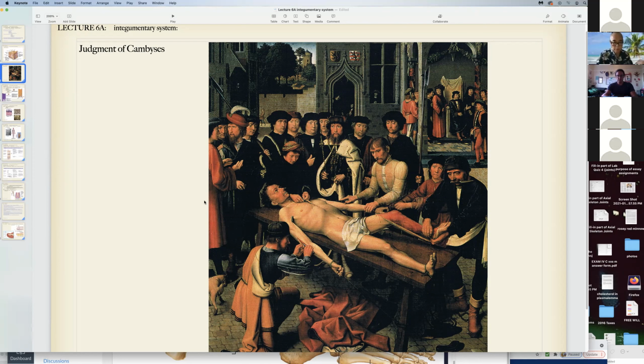What this painting is about has to do with something that happened in ancient Greece. Cambyses was a judge, and he was caught accepting bribes.